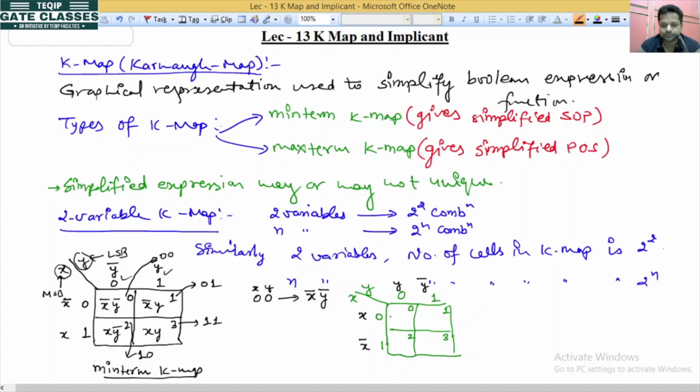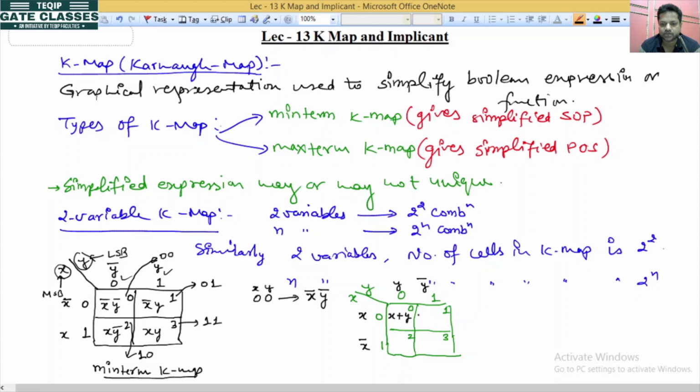So how do we obtain the max term? When we denote the numbers in terms of variables, we take the OR operation in between. Here from the row we have x, from the column we have y, so it will be x plus y.